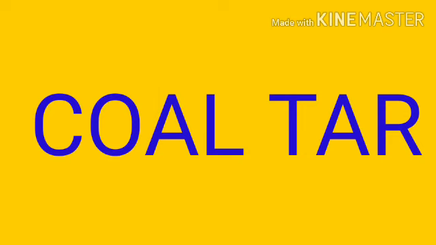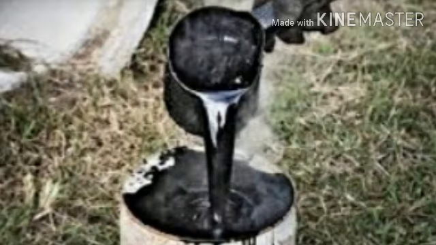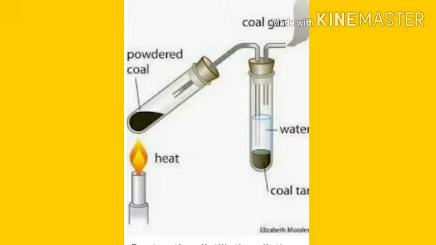Another constituent of coal is coal tar. What is coal tar? Coal tar is a thick black liquid having an unpleasant smell which is obtained by heating coal in the absence of air. Coal tar is a mixture of about 200 carbon compounds, that is organic compounds.